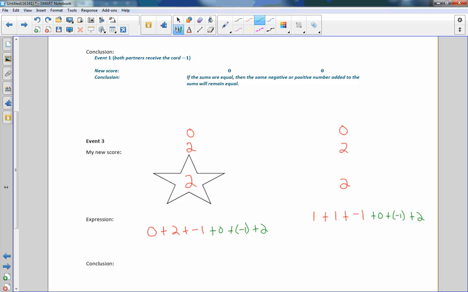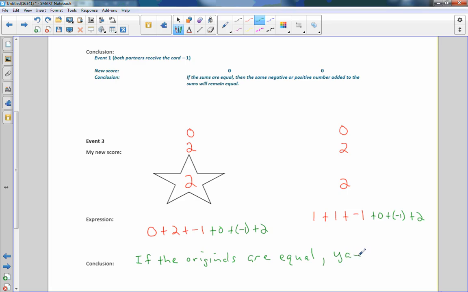Okay, so the conclusion is, if the originals are equal, you can subtract the same number, or in this case, add the same number.